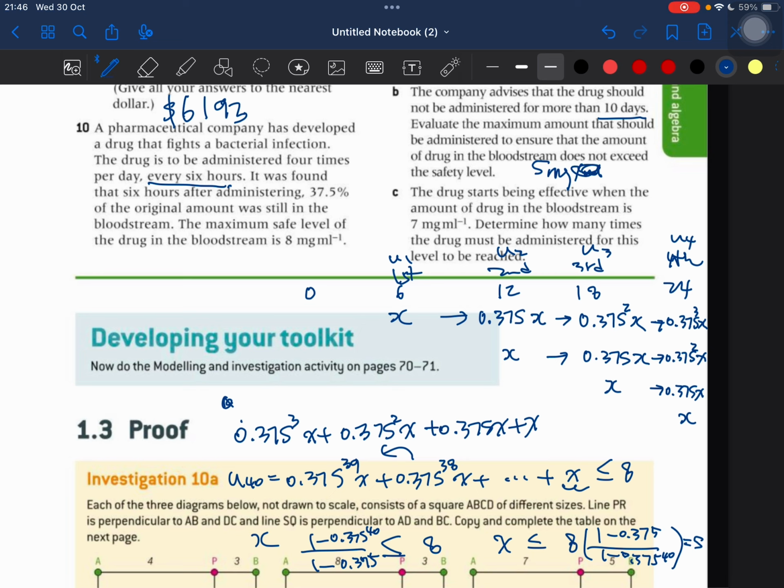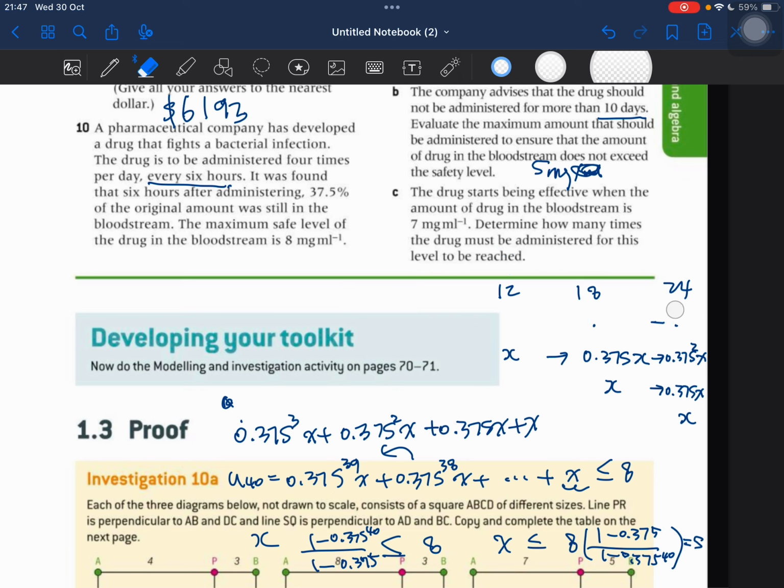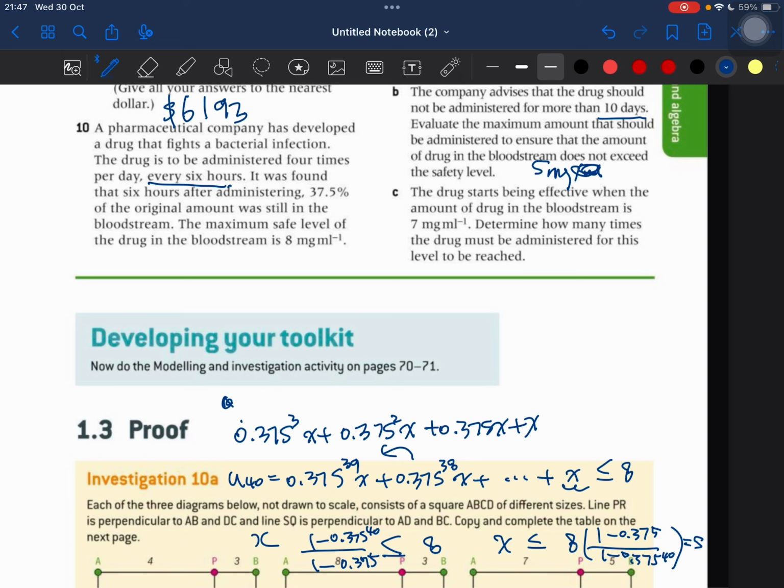So number C. The drug starts being effective when the amount of drug in the bloodstream is 7 milligrams per milliliter. How many times? So let's see. Now we know this is U40, so maybe Un.